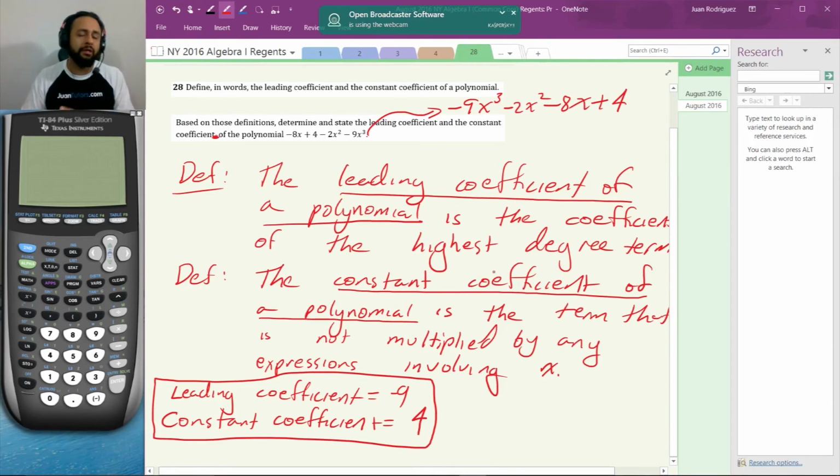You've got to do a little bit of thinking, making sure you don't fall into the traps. This is not a trick question, but it does have pitfalls. Why would they ask you an extremely easy question on the Regents? If it wasn't somewhat difficult, then it wouldn't be a fair assessment of your actual skills.